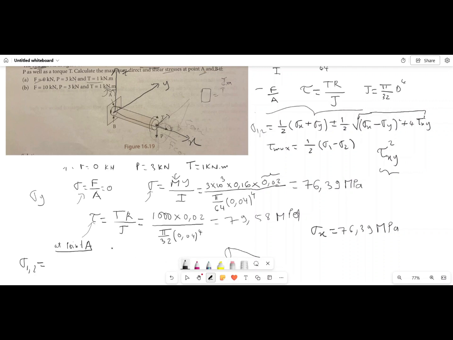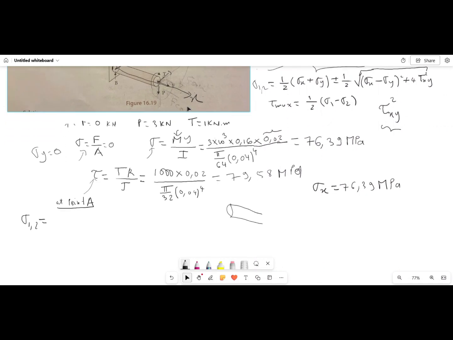It is equal to 0. We do not have any bending causing a direct stress on the y. So rho y is 0.